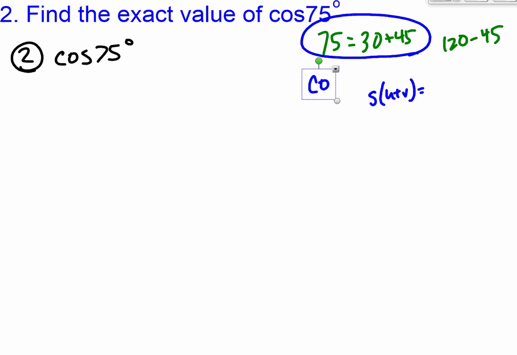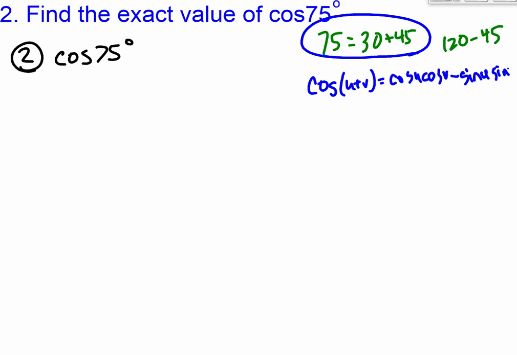is cosine u cosine v minus sine u sine v. And so when cosine is added, we use subtraction, and we do cosine cosine and then minus sine sine. So this is going to be, first I'll just write it this way, cosine of 30 plus 45.